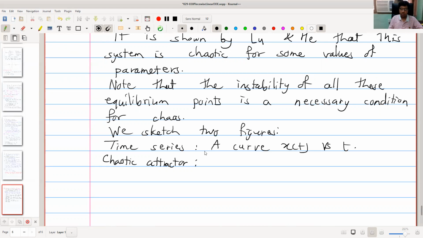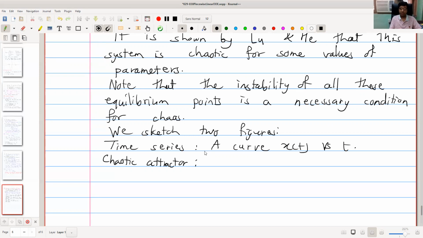Now, when we are handling this system, it is a scalar system, meaning one variable. We only have x of t. So how to find the chaotic attractor in such delay differential equations? There is an interesting method.